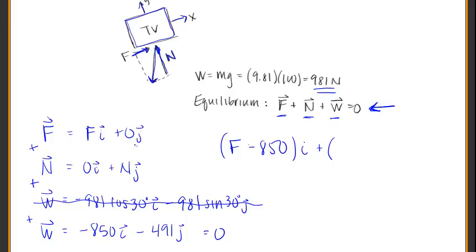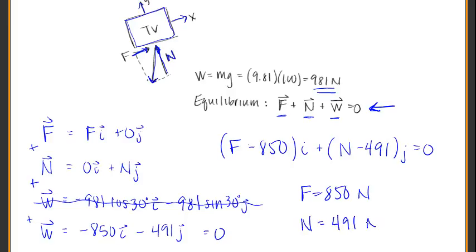There's nothing from the F, so N minus 491, all that times J should equal 0. So the only way we can get that is if F is 850 newtons and N is 491 newtons. Alrighty, and we have finished our last problem.